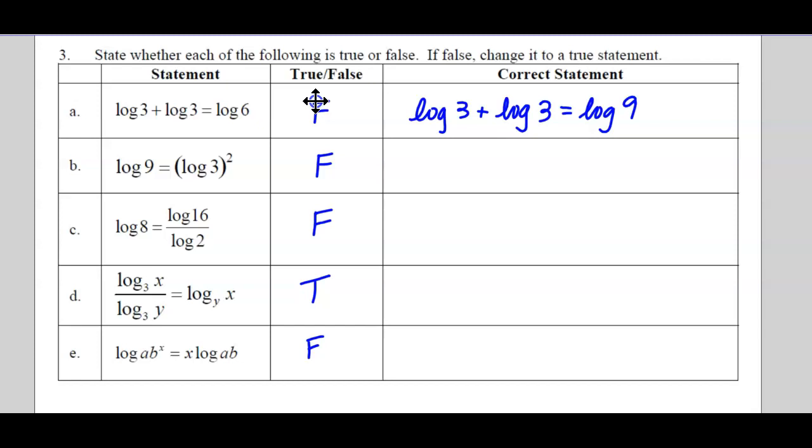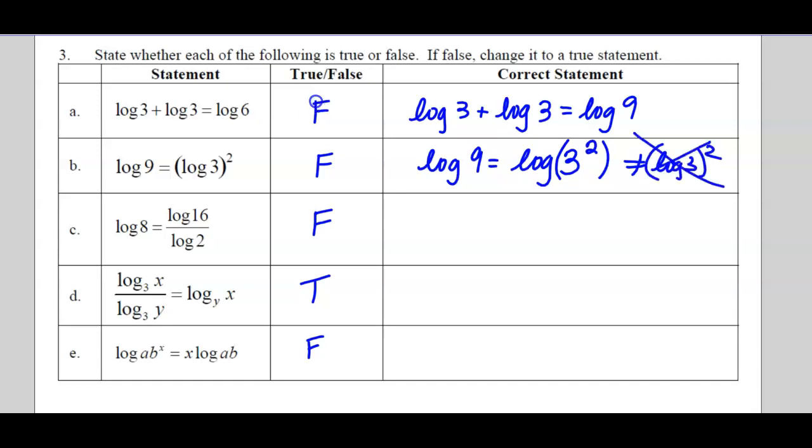Remember, I showed one like this. Log of 9, you can show that. The log of 9 is equal to log of 3 squared, but that is different. It is not equal to log of 3 all squared. Try it on your calculator.